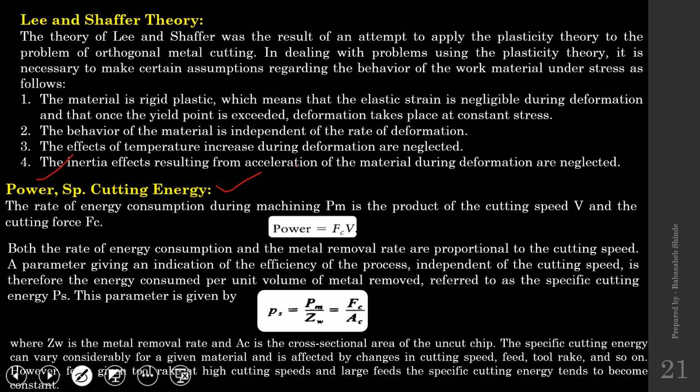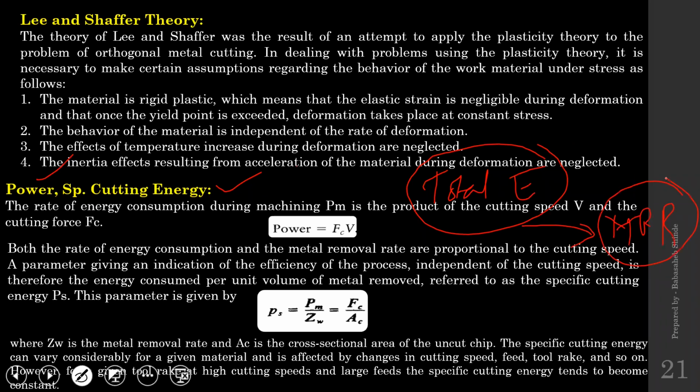Power is the total amount of energy that is being consumed in removing the total amount of material. So it is not actually a rate, ratio, or something like that.